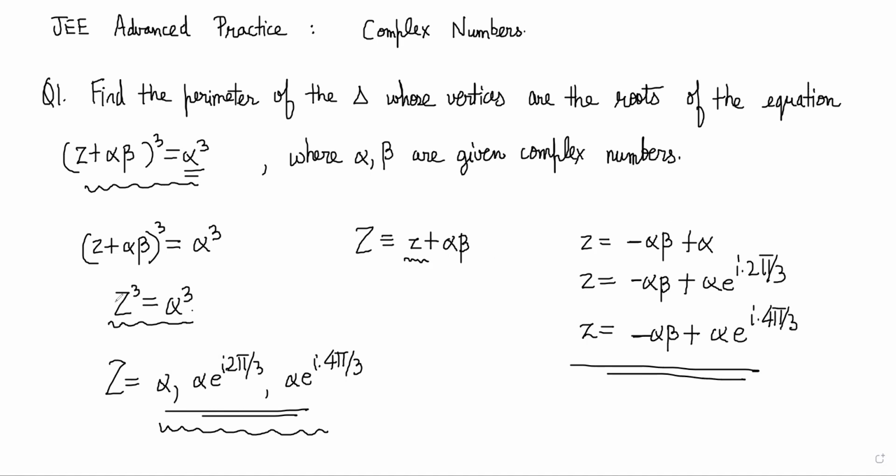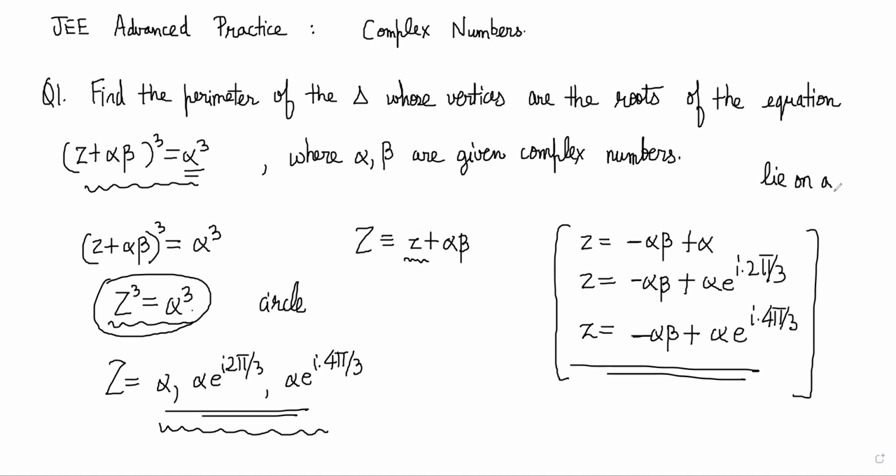Now, this actually represents a circle with center 0, 0 and radius mod of alpha. So actually, all of these points lie on a circle with center, the complex number -αβ, right?